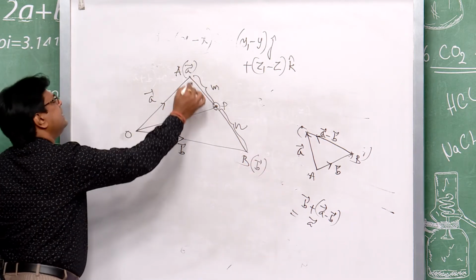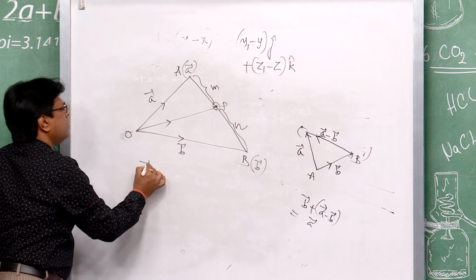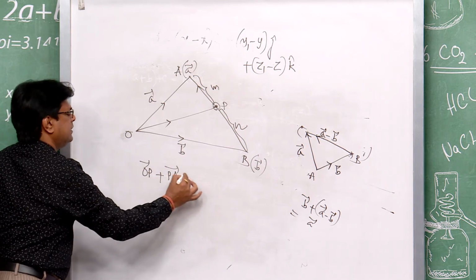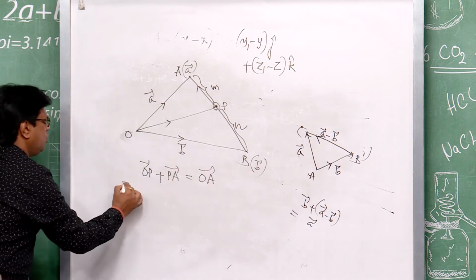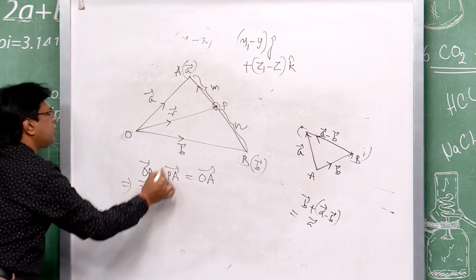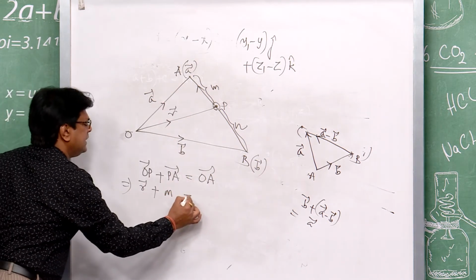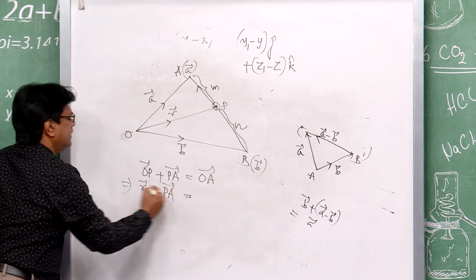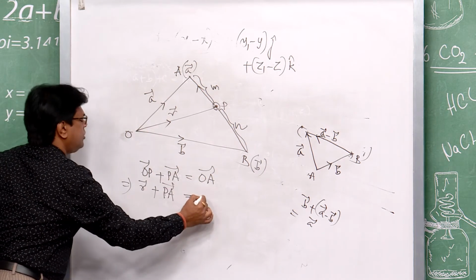Then we write OP plus PA is equal to OA vector. So, let OP vector be r vector, r plus PA is equal to OA vector, which is a vector.